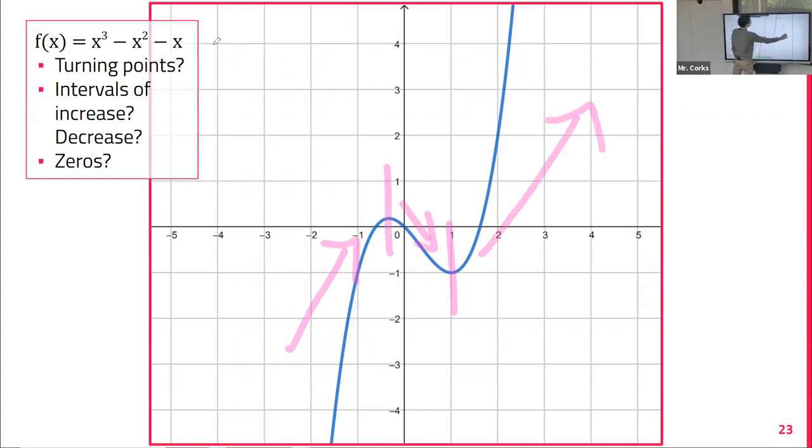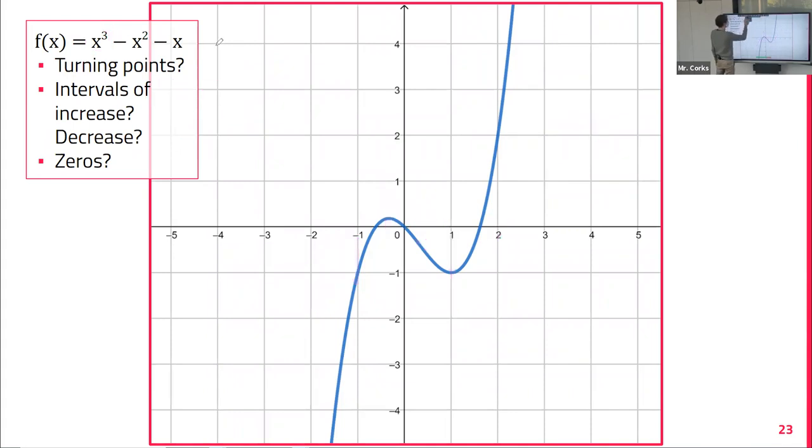And then after, increasing slope. So 3 of these intervals. 2 turning points produces 3 intervals. The largest exponent here is a 3. So 3 intervals make sense. 3 minus 1, 2 turning points make sense. Lots of patterns we can notice.